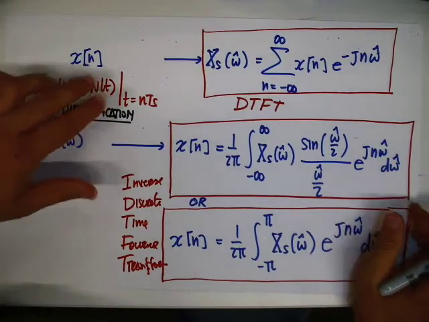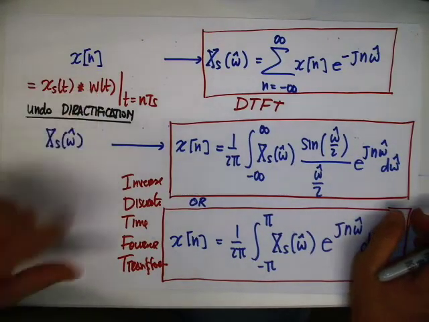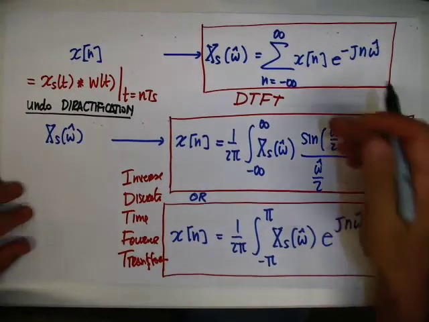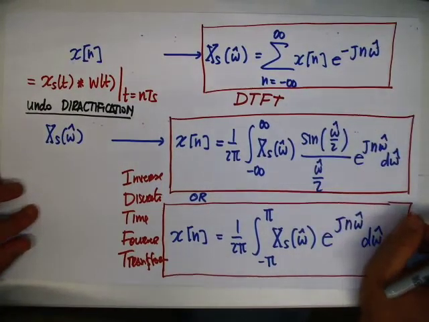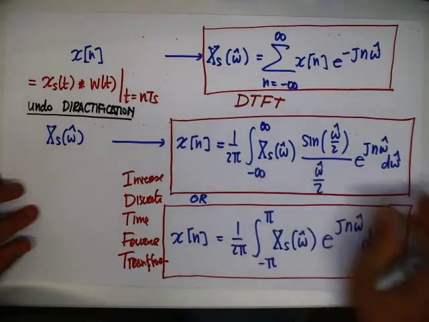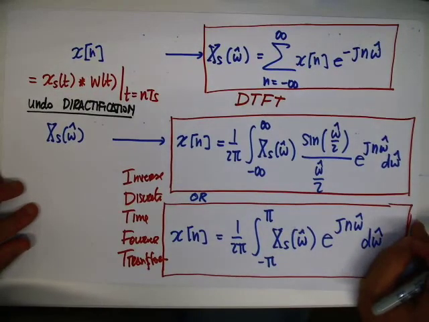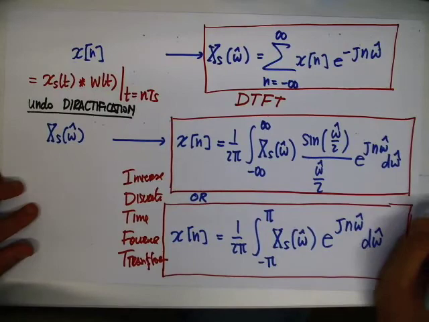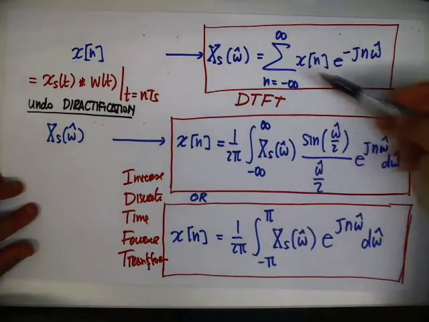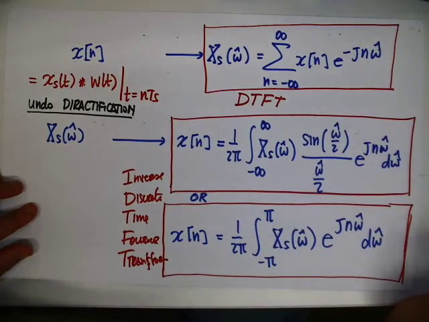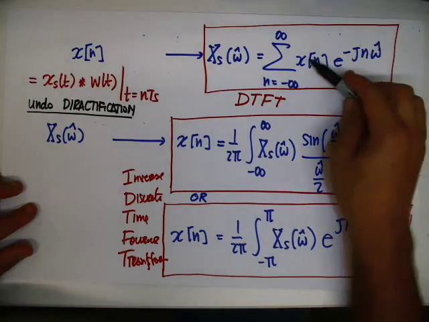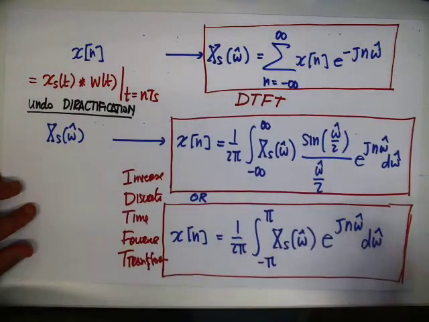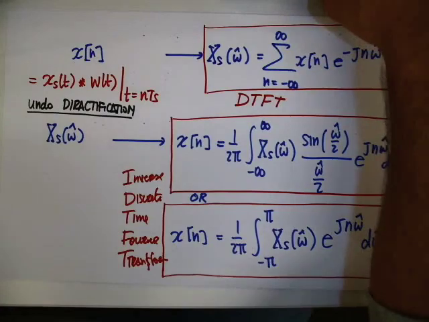There are infinite choices for the window, which will give different integral representations of the inverse discrete time Fourier transform, but they're all basically the same. So we still have the one-to-one correspondence between a discrete signal and its Fourier transform. And this basically concludes the lecture. Thank you.